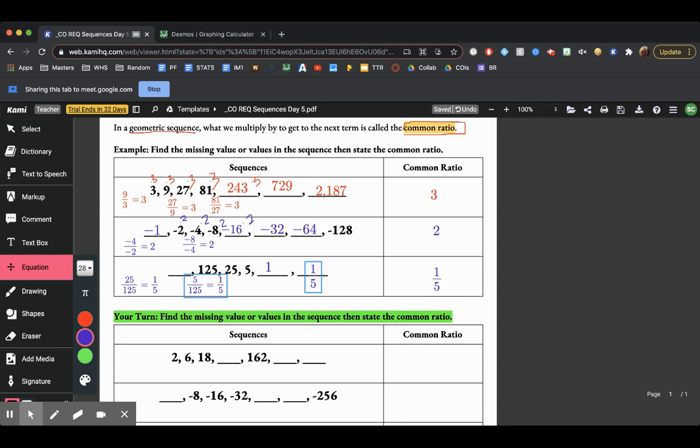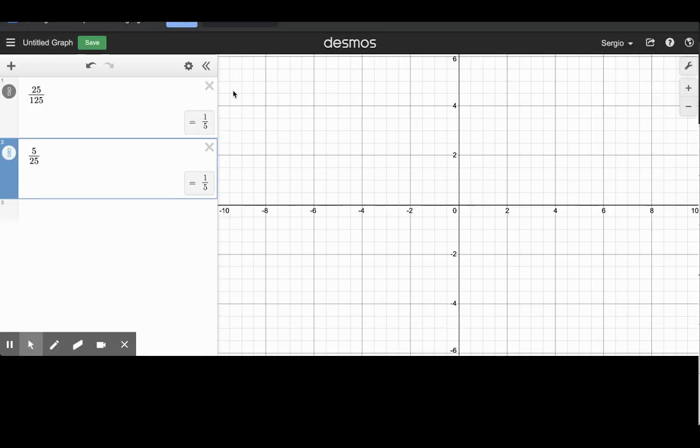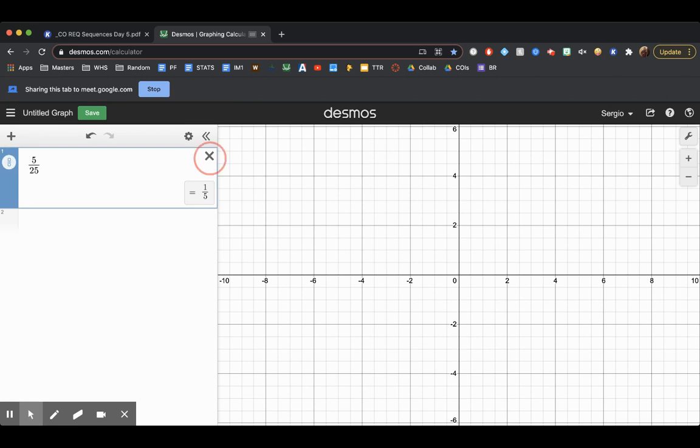And on this one, it's your choice how you want to do it, because again, we're dividing. If you want to think of it by multiplying, it works the same. Now we're going to do 125 multiplied by 1 over 5, and we get the same thing. Let me show you on decimals. 125 multiplied by 1 over 5 gives 25, which is the next term.